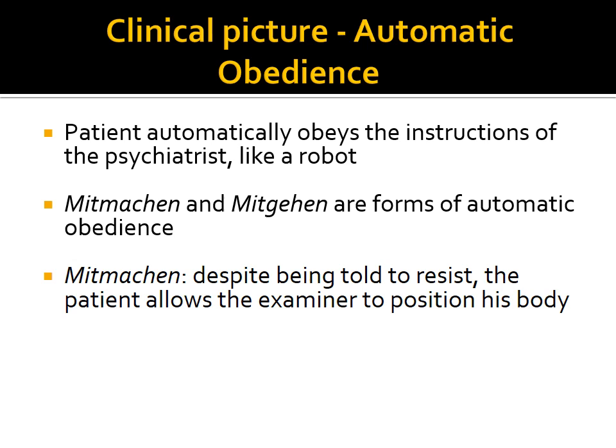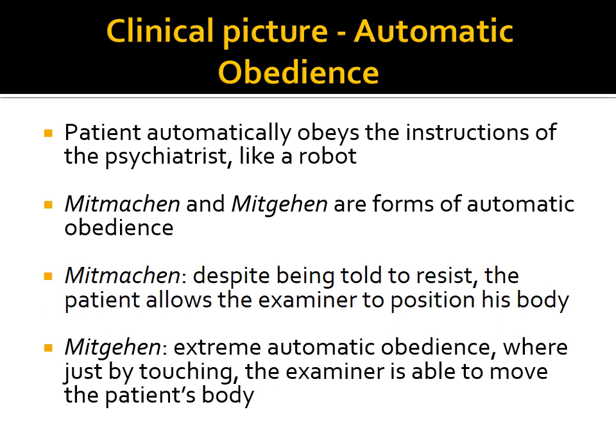Mitmachen is where, despite being told to resist, the patient allows the examiner to position his body. And in mitgehen, it's an extreme automatic obedience where just by touching, the examiner is able to move the patient's body.